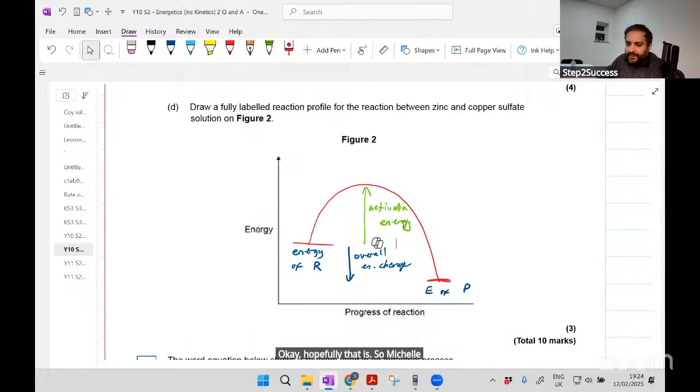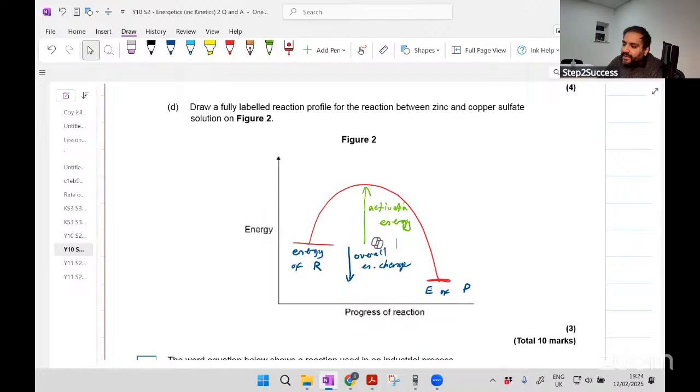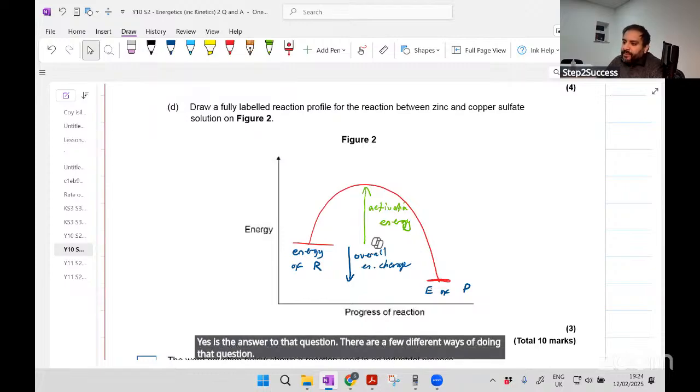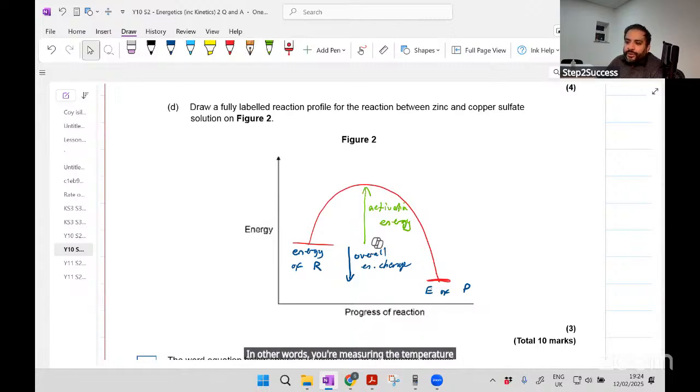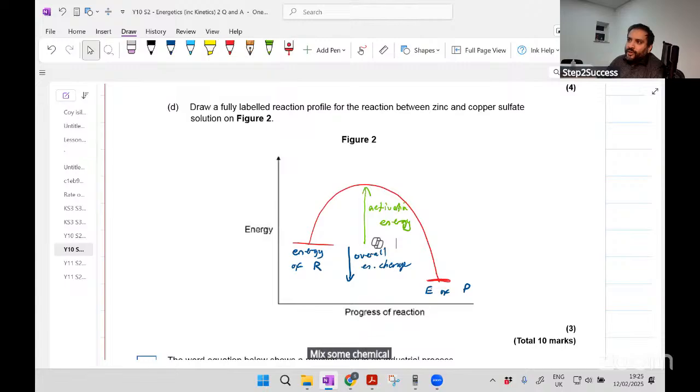Can you use the polystyrene cup practical from temperature changes for that question? Yes, is the answer to that question. There are a few different ways of doing that question. In other words, you're measuring the temperature. But the only reason I wouldn't do that is because they've basically done the same experiment already. In the polystyrene cup practical, all you do is mix some chemicals together and measure the temperature change.